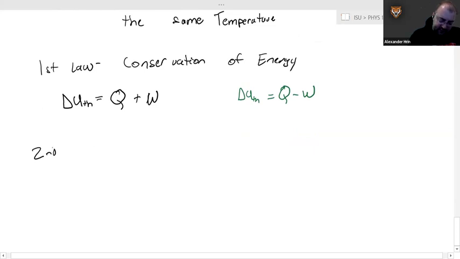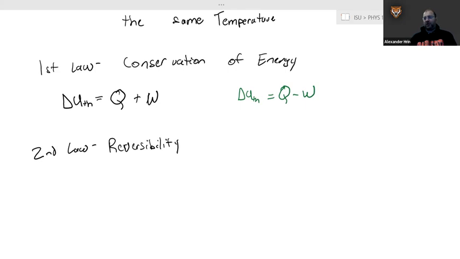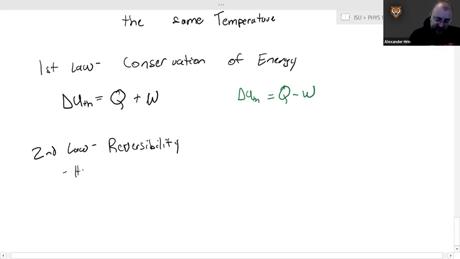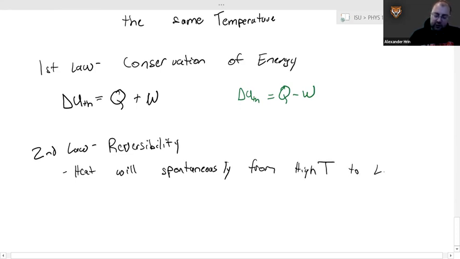And then we have the second law. This is the law of reversibility. Basically what it says is that thermodynamics, physics basically, has a direction that it goes. The idea is that heat will flow spontaneously from high T to low T, but not the other way.